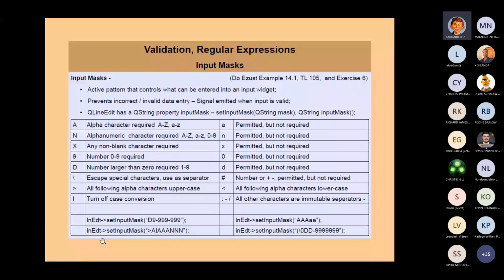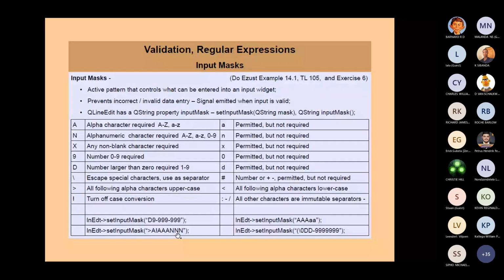Then this example at the bottom left-hand corner, the greater than sign means that the following alphabetic characters must be uppercase. So there's then a compulsory alphabetic character. Then the exclamation mark turns that off. Then the following characters can then be 3 compulsory uppercase or lowercase alphabetic characters.